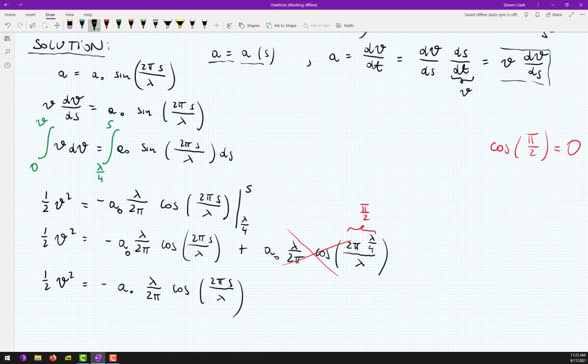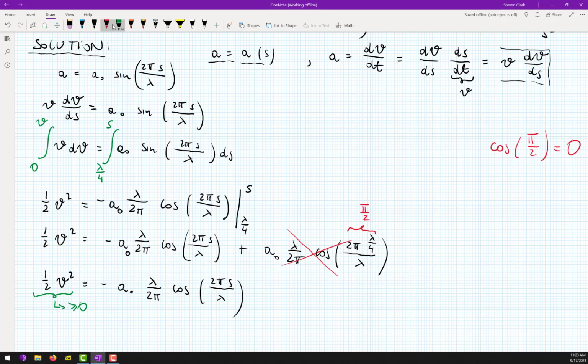Yesterday I asked myself what to do next, and this is what I observed. I noticed that the left-hand side is always positive or 0. It is always larger than or equal to 0. Now let's look at the right-hand side.